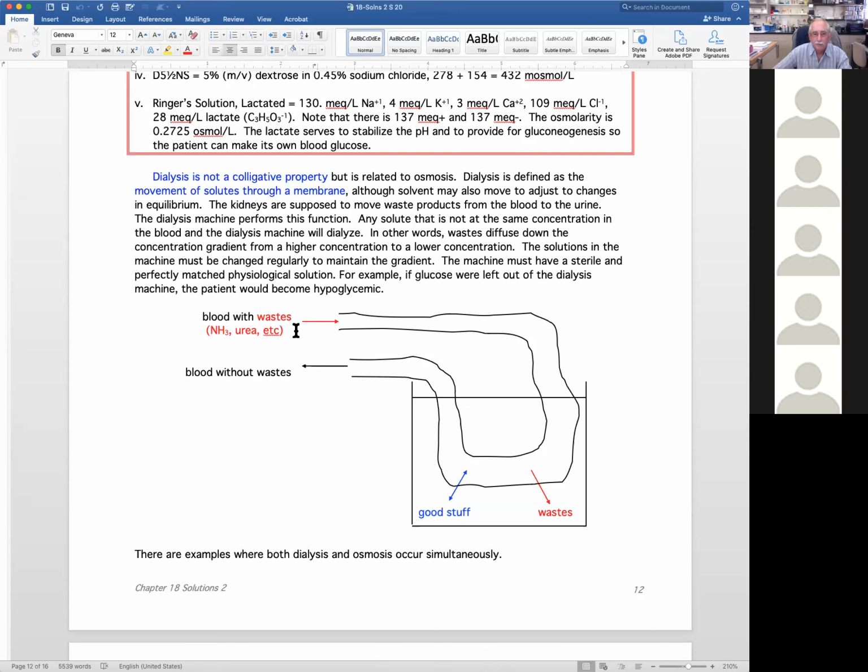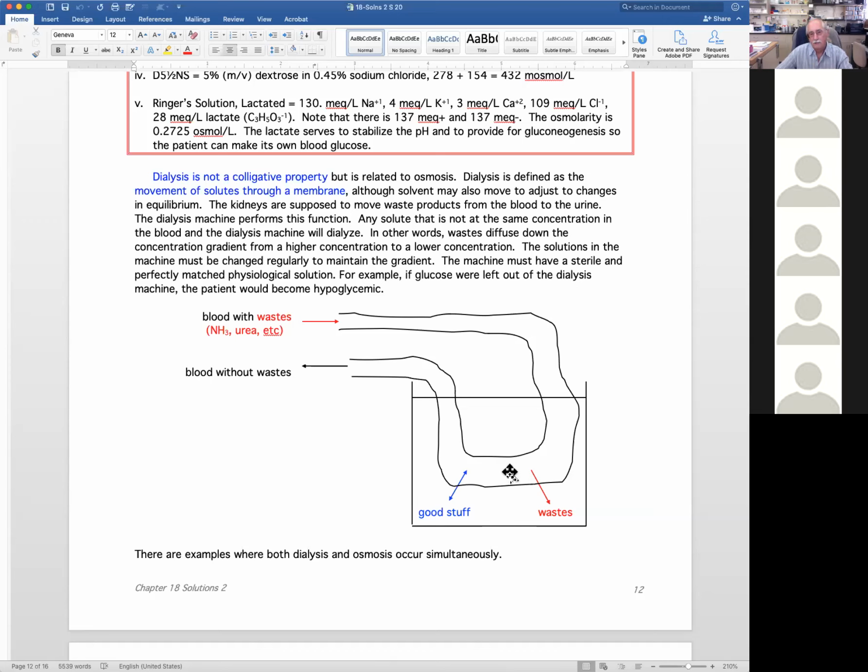So here's blood with waste products like ammonia, urea, a bunch of other stuff, right? It comes through the machine, and if the waste products are higher in concentration here than they are in the machine, they're going to dialyze out of the machine, down their concentration gradient. But pretty much everything can pass through this artificial membrane right here.